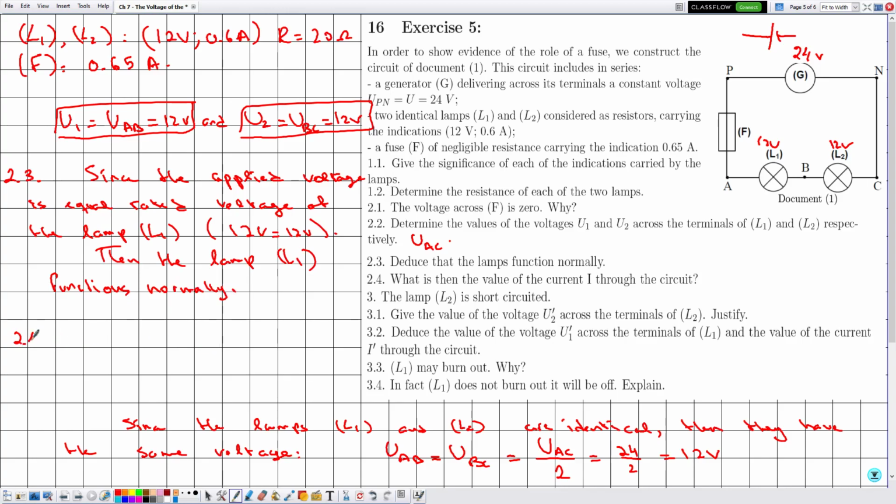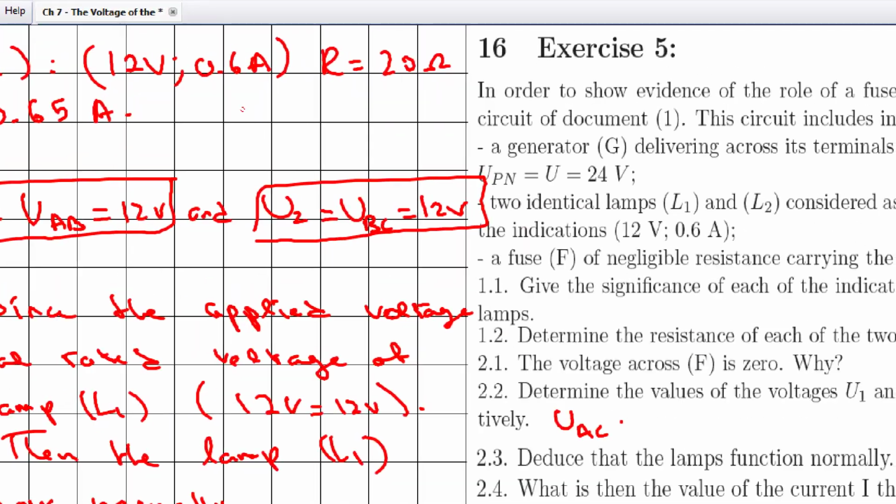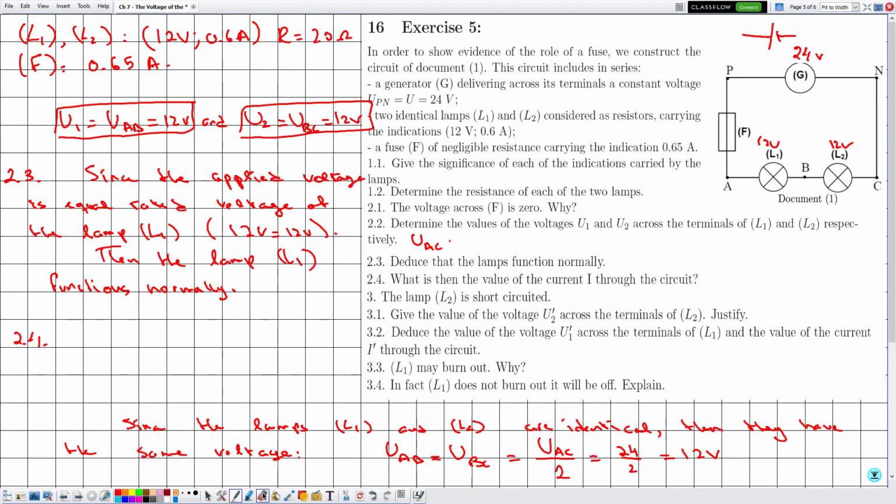And because the lamp L1 is functioning normally, the traverse current will be equal to 0.6 amperes, which is the rated current.